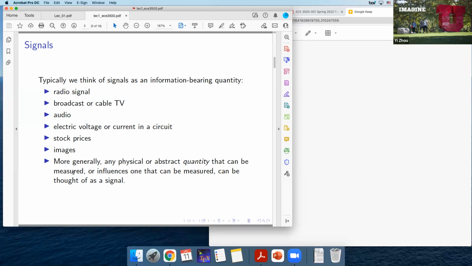So the signals are easier to understand because they are concrete. When we talk about signals, we know what they are. We look at the image, we know it's a bunch of pixels. We can describe them using a matrix. Stock prices, we look at the stock numbers. Audio, video, every signal is clear. But some signals may carry a lot of information, and some signals may carry no information.